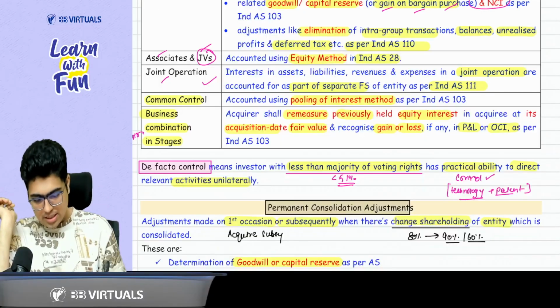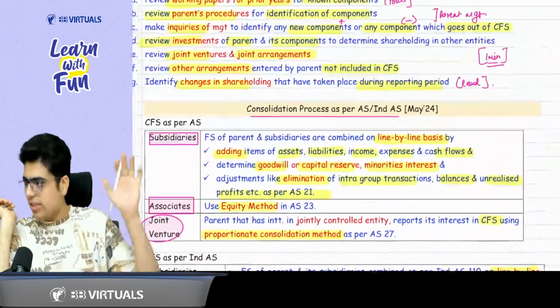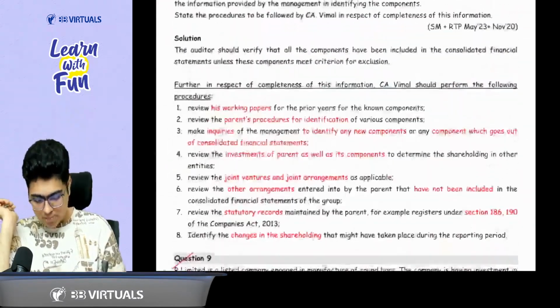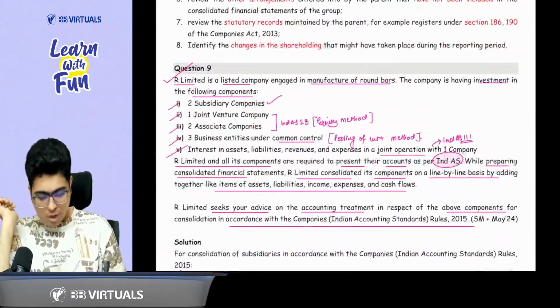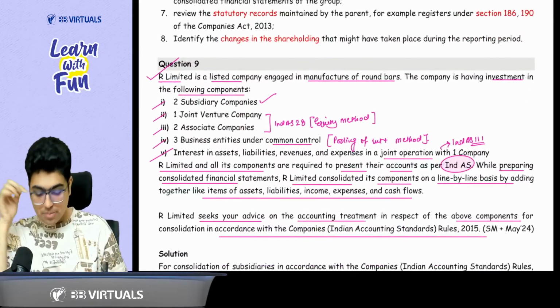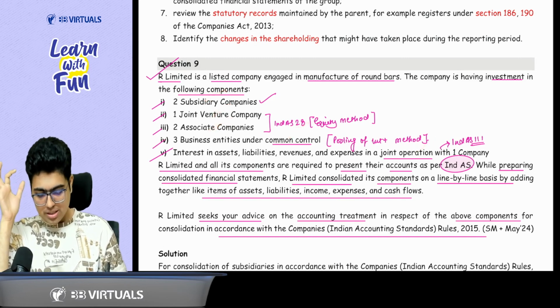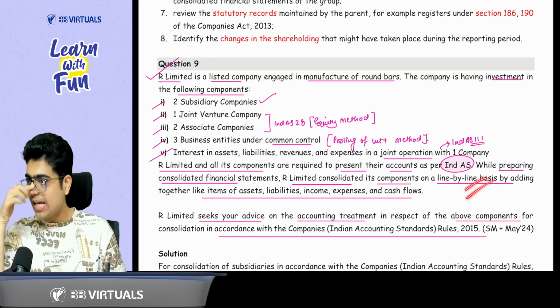Okay, sir. Now, on this part, consolidation process, I think we did a question. Question number 9. What happened in question number 9? Sir, in question number 9 there were many components: subsidiary, joint venture, associate, common control, and joint operation. For all the components, they applied line-by-line basis of accounting.